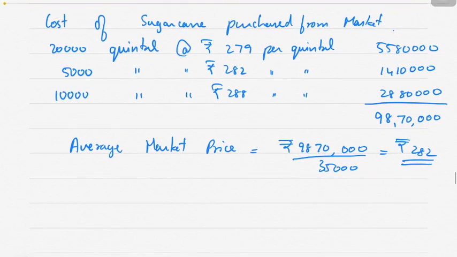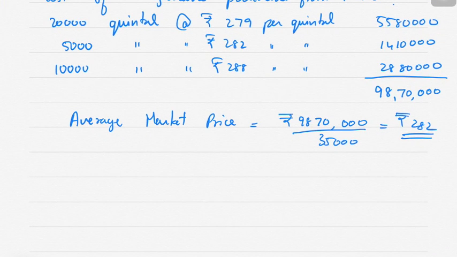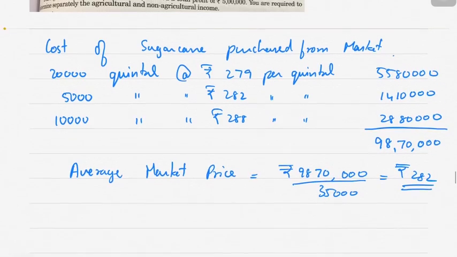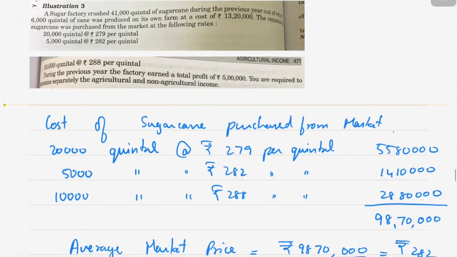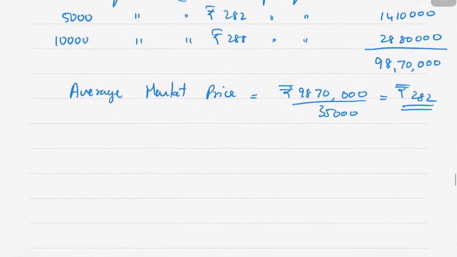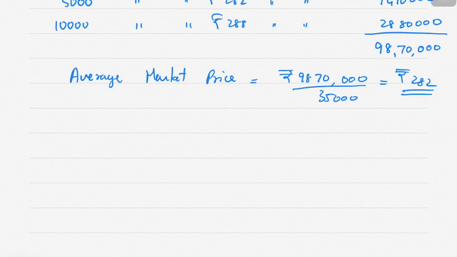So to produce 6,000 quintal, the amount was 13,20,000.